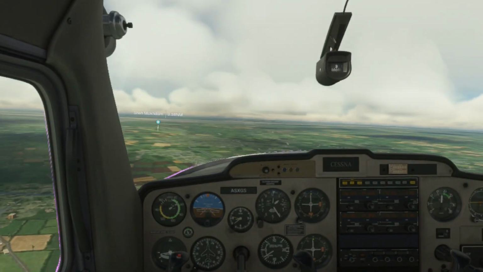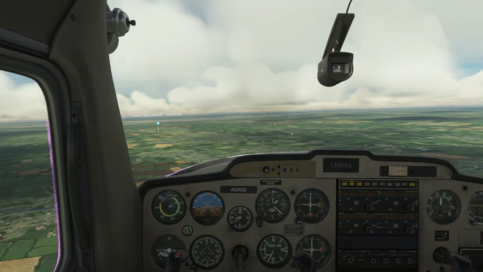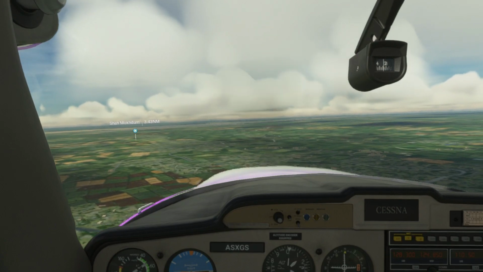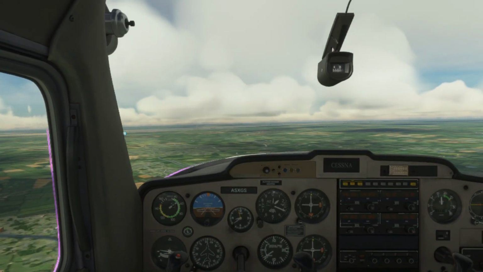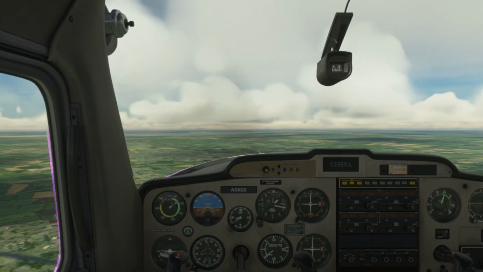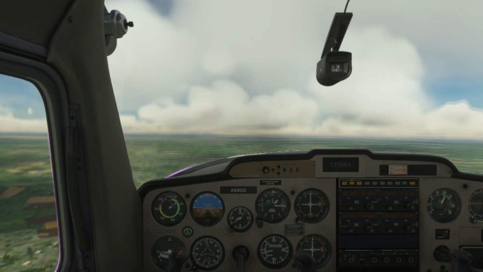I'm going to put the power up a bit because as you can see the power went all the way down there. Speed went down really fast because we put all the flaps down. We don't want to do that because then the plane might stall. So I'm going to put the power up a bit, push the throttle in a bit, and now we are ready to land.